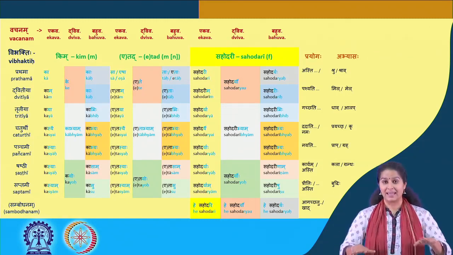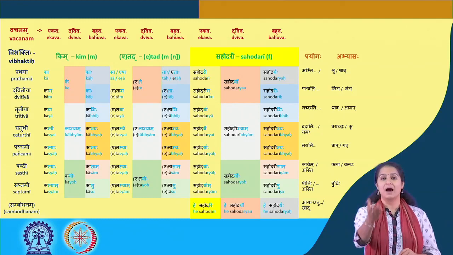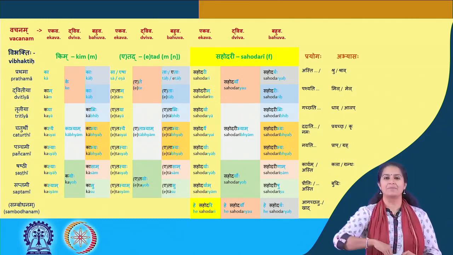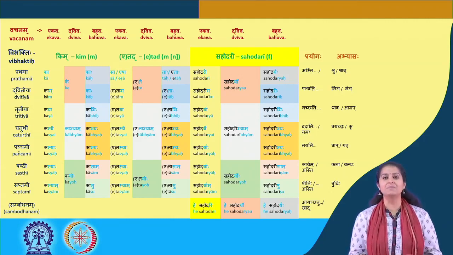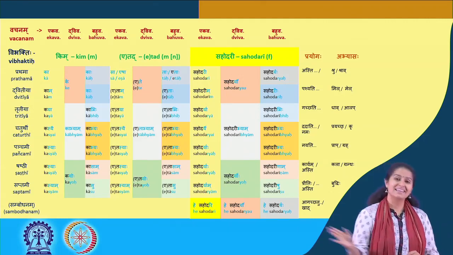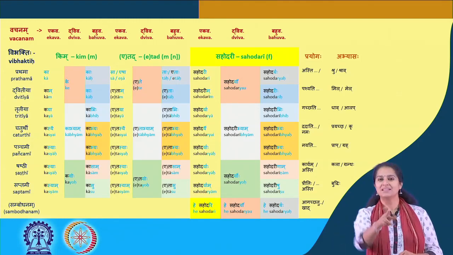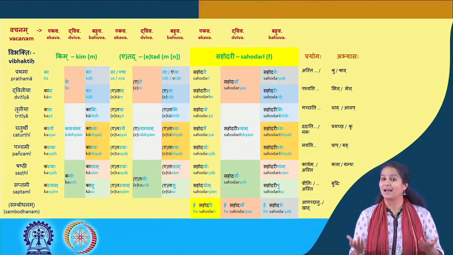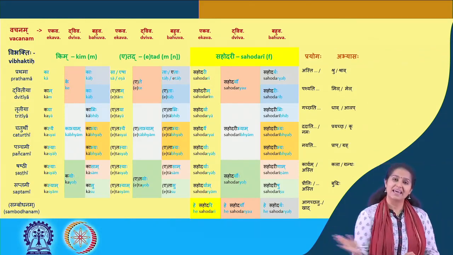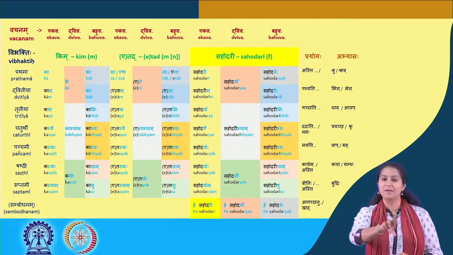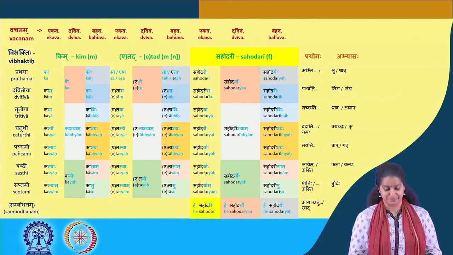We have ke, kabhyam, kayoho. And for the tat it becomes te, tabhyam, tayoho. And for the esha it is ete, etabhyam, etayoho.